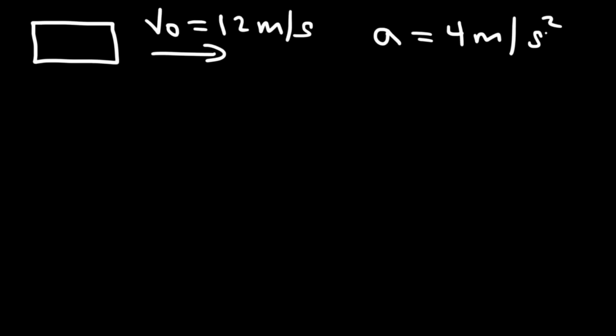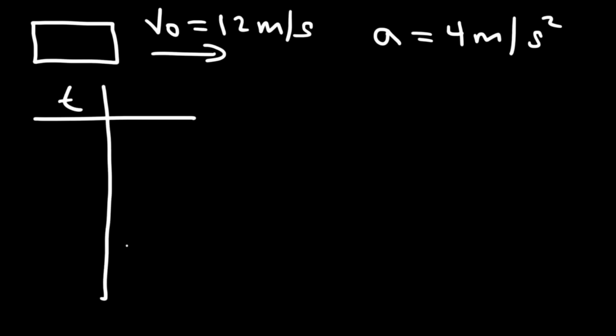So what does that mean? If we make a table, if we plot time and velocity, at t equals 0, this becomes the initial velocity, so it's 12. What will the velocity be 1 second later?